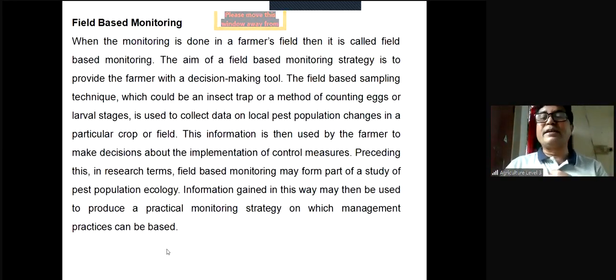Information gained in this way may then be used to produce a practical monitoring strategy on which management practices can be based. So when we have this data, we can produce a monitoring strategy, and based on that monitoring strategy, we can also apply the management practices. Clear?